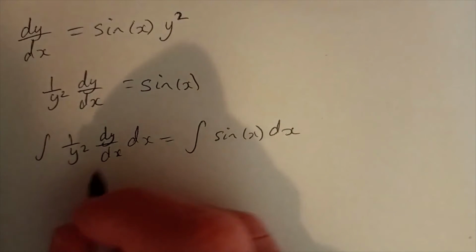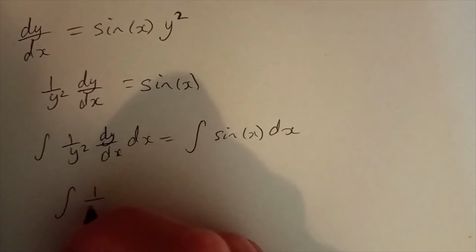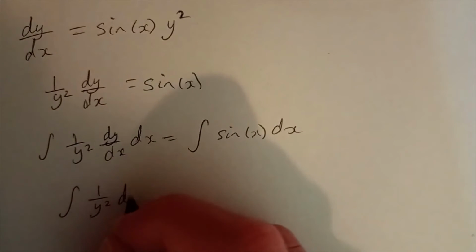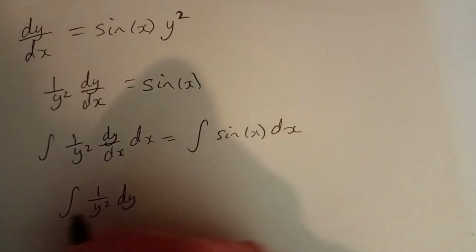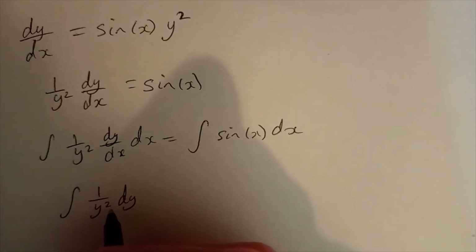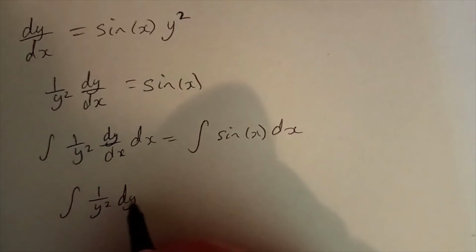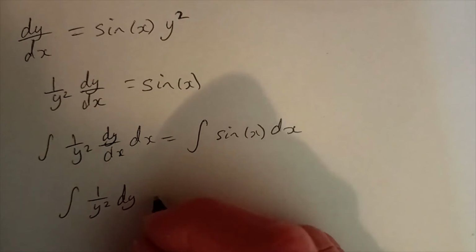So we get the integral of 1 over y squared dy, and then we take the integral with respect to x of sine x.